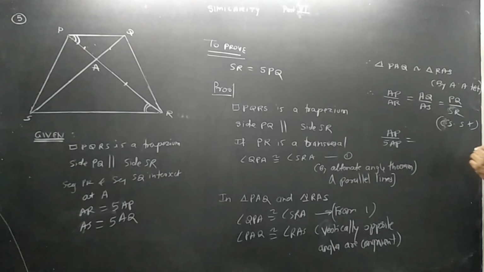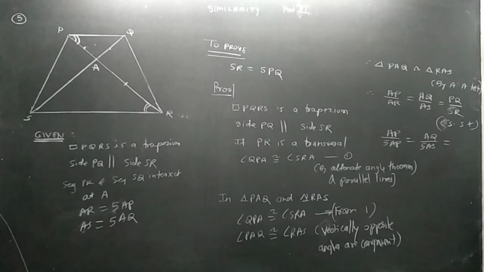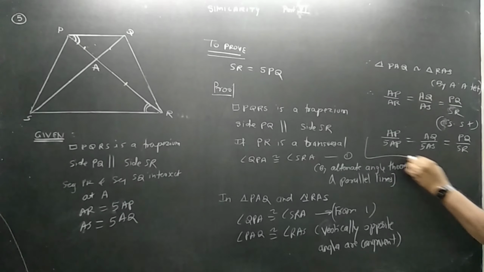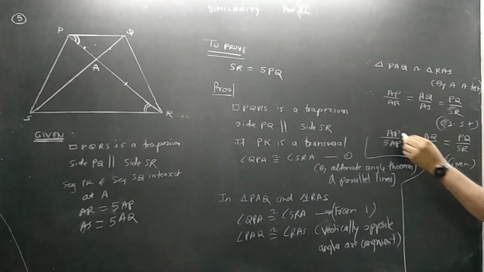We are going to write AQ upon 5 AS is equal to PQ upon SR. Here you are going to write P1. Is it right? But this is getting cancelled.